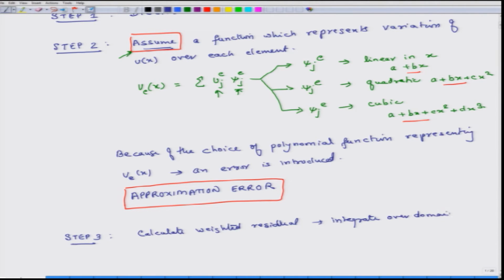So, we get element level equations, and then step 4 is assembly, and step 5 is what? Application of boundary conditions, and step 6 is solving the equations.